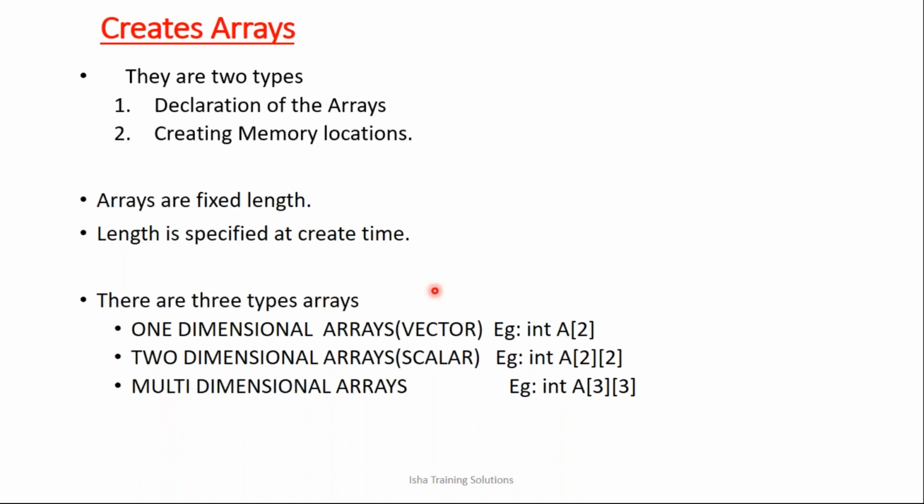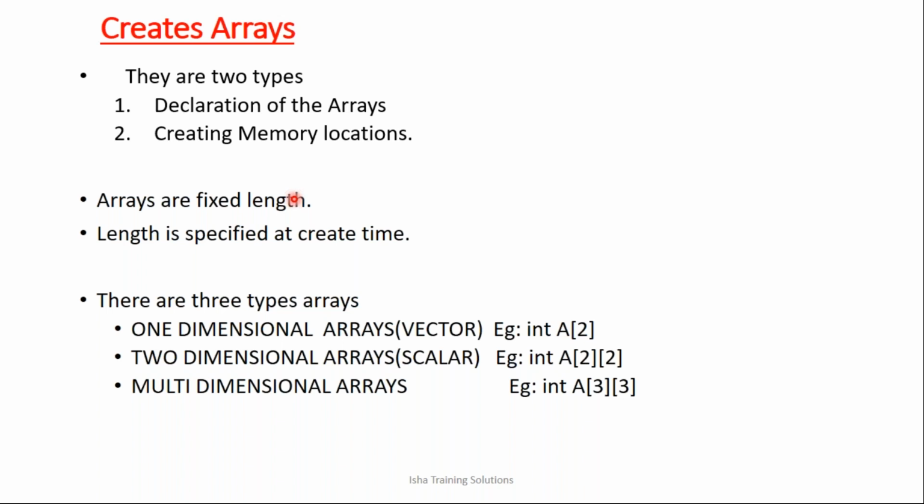Creation of arrays. There are two types here: declaration of the arrays and creating memory locations. Okay.